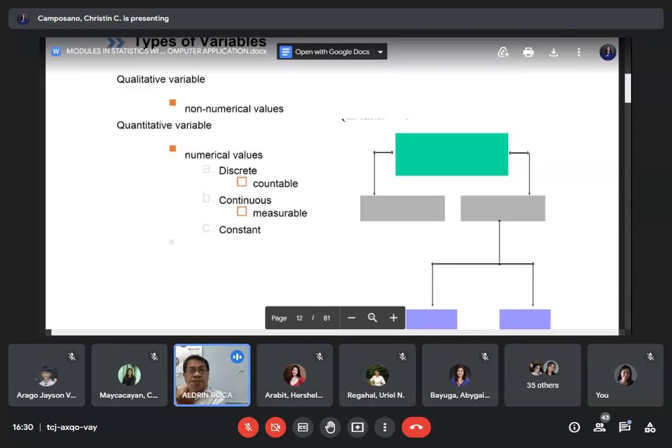Number of children, number of students in a class, number of people participated in an election. So those are examples of quantitative data, then discrete variable. You understand? And then the IQ score also is an example of a discrete data. Kasi di ba sa IQ score, wala naman point dun eh, di ba? So kasi pagka may decimal part, the quantitative data becomes continuous data. Okay, you understand?